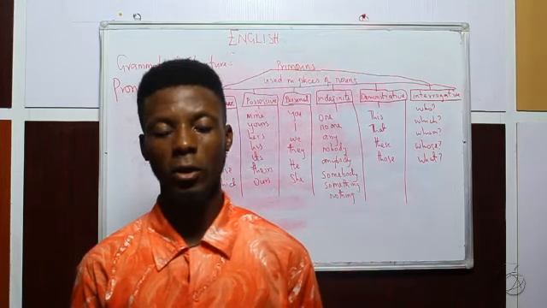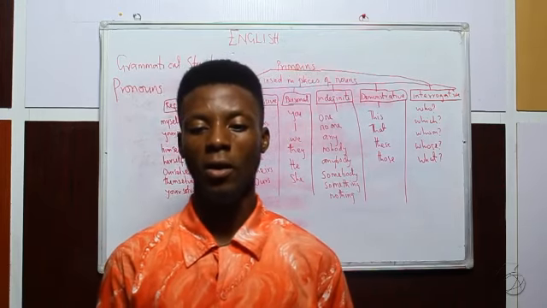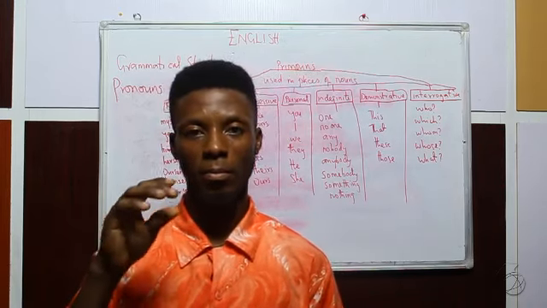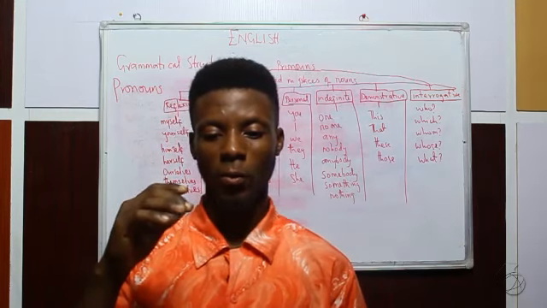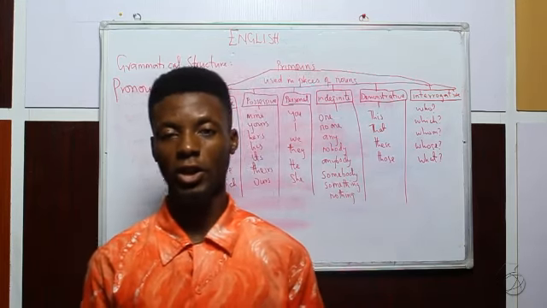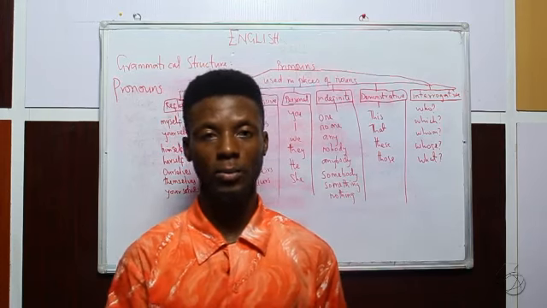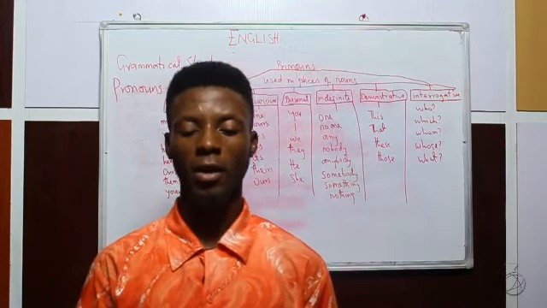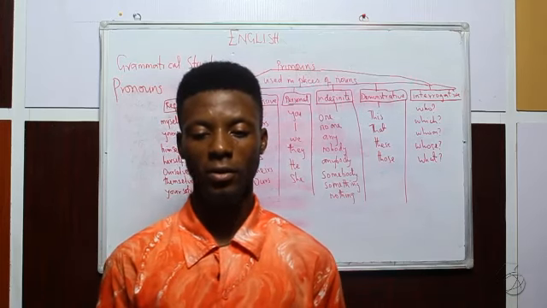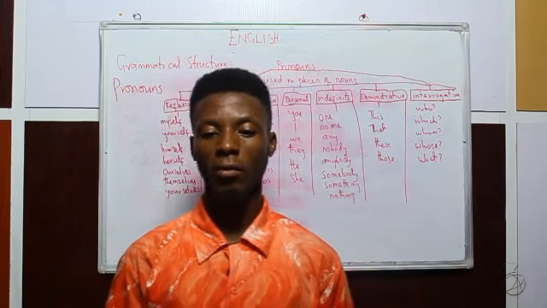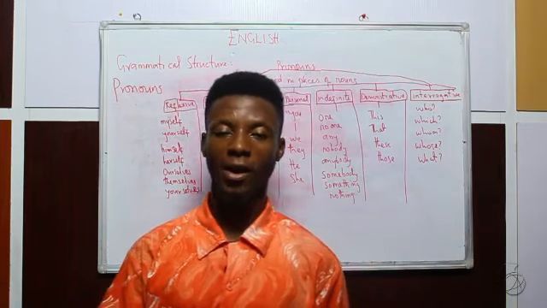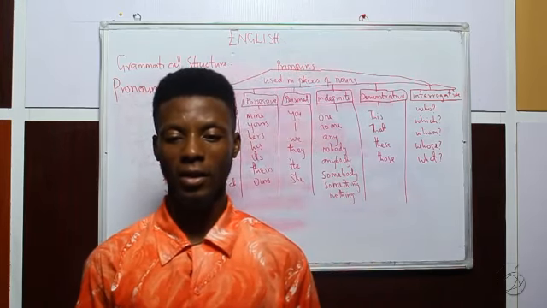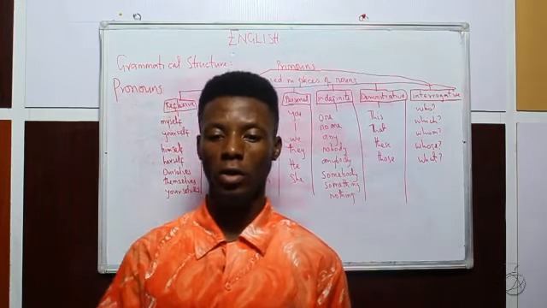Now when we go to the third person singular of the same pronoun, we have he, she, and it under the subject form. Under the object form, we have him, her, it. Under the possessive form, we have his, hers, its, like: it's his book.